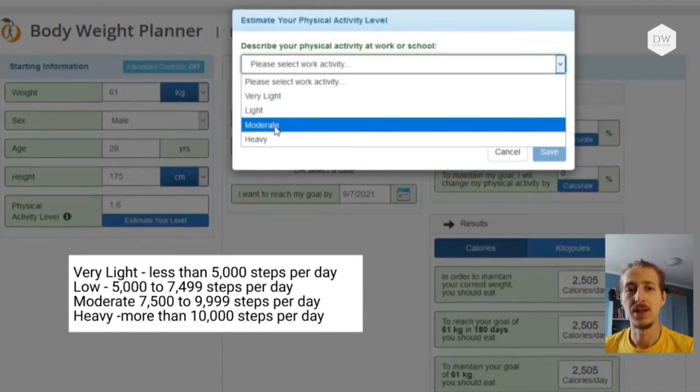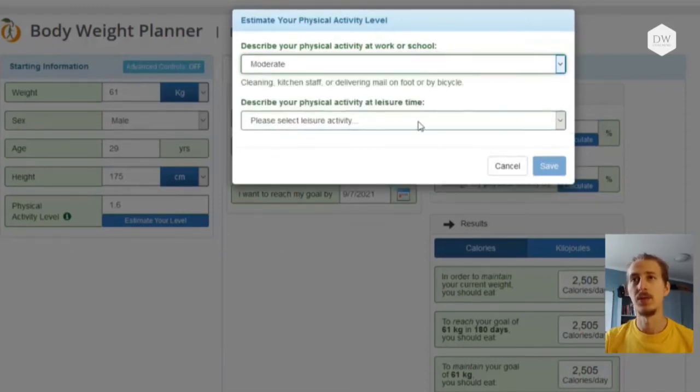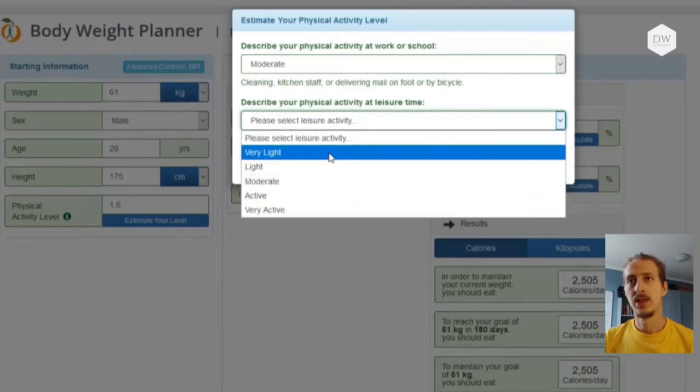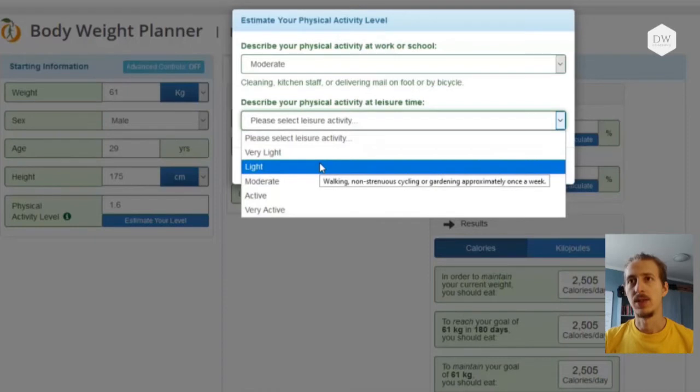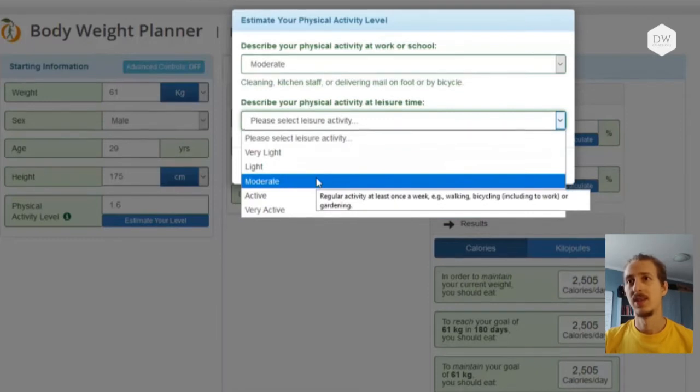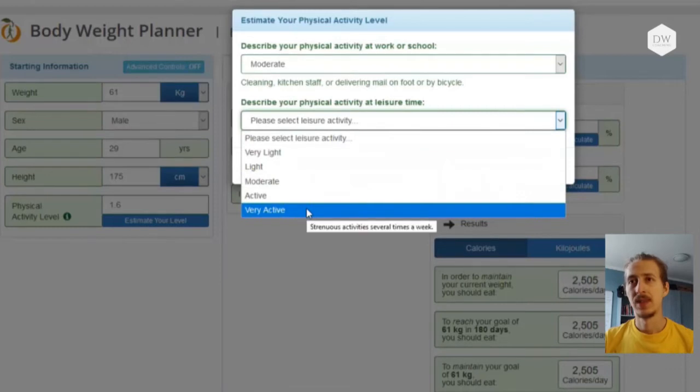Currently I'm in moderate. So now to describe my physical activity at leisure time. Here, once again: almost no activity at all, very light activities, walking, no strenuous, cycling, gardening approximately once a week, that would be really nothing. Moderate, regular activity at least once a week. Strenuous activities several times a week.